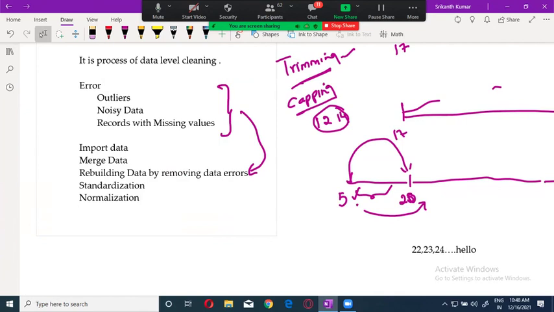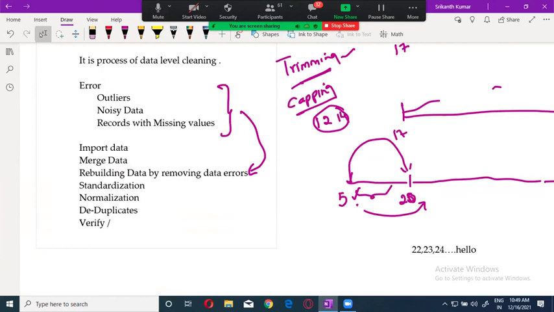And there is something called deduplicates, and there is something called verify and enrich. Duplicates means what? Repeated values. Deduplicates means removing the duplicates.